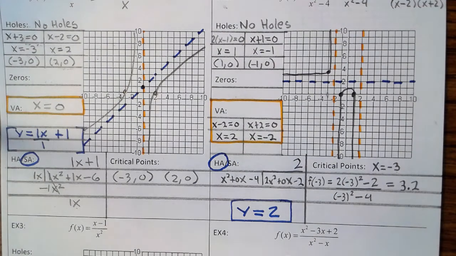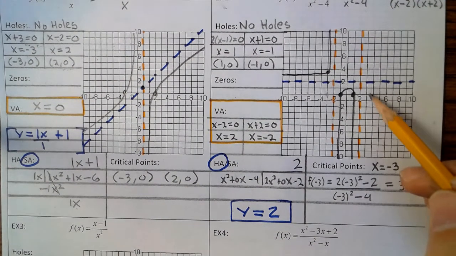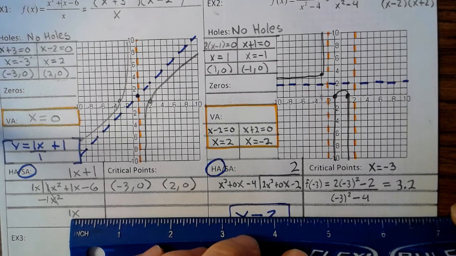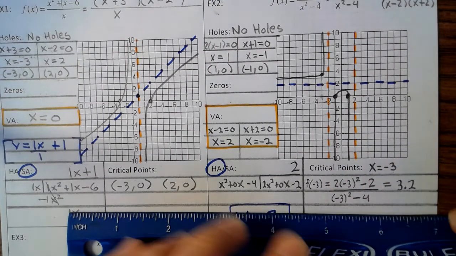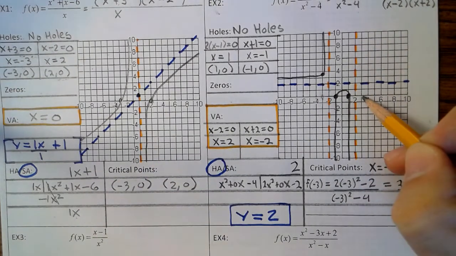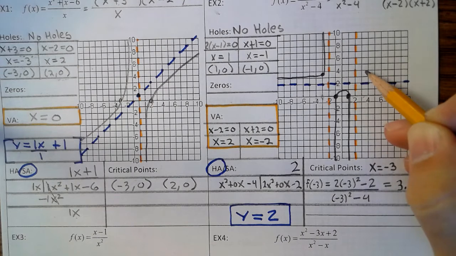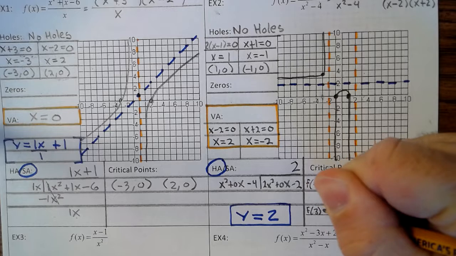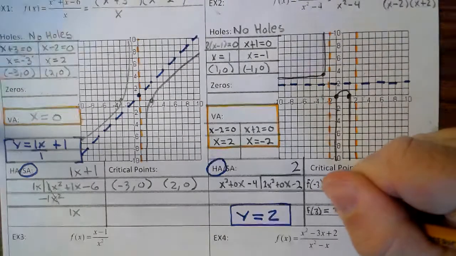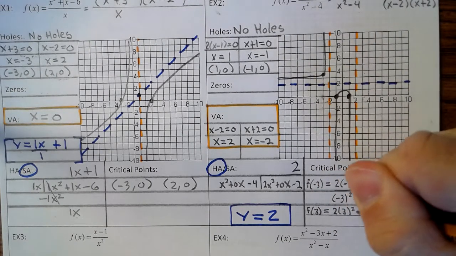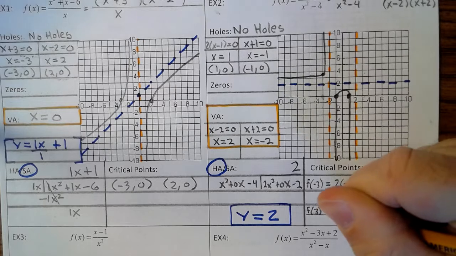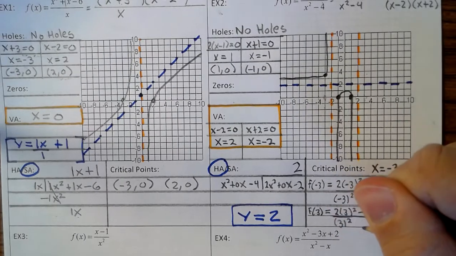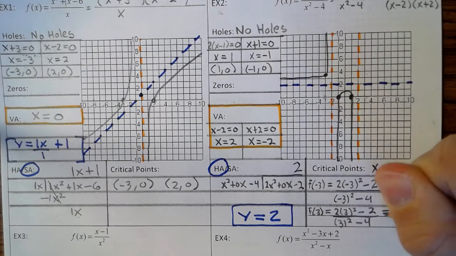Now we need to find out what happens here. So we're going to need to add another line here. And let's evaluate a point. I would say evaluate 3 to find out, again, if the point is above or below the horizontal asymptote. So f of 3 equals 2 times 3 squared minus 2 divided by 3 squared minus 4.